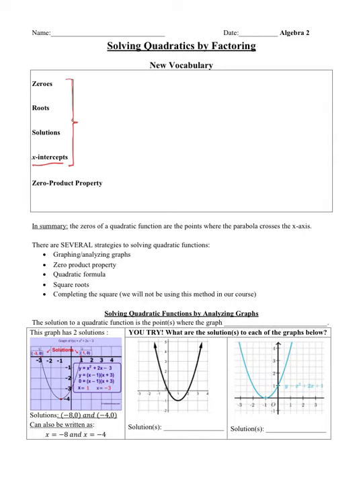So I'm going to go ahead and write the definition down for these first four words. So I want you to go ahead and copy this down. This is the points where the function equals 0, okay? Or when y equals 0, okay?